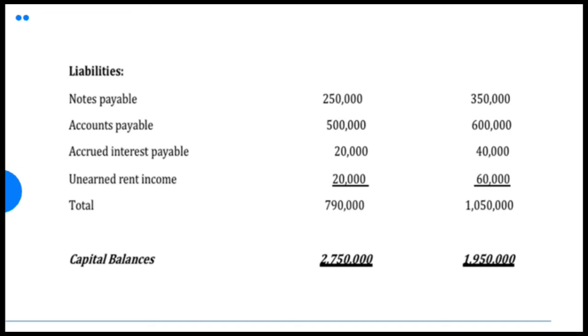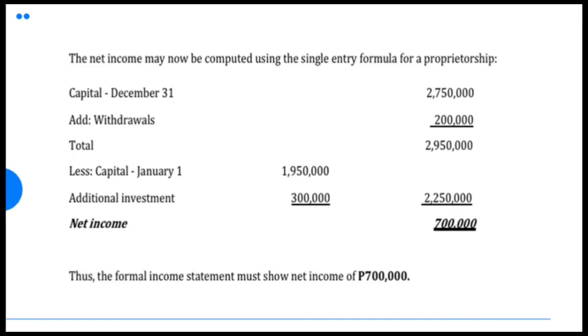1,950,000. Next, the net income may now be computed using the single entry formula for a proprietorship. So, the capital balance natin ng December 31 is 2,750,000, dun niya kinuha. Then, withdrawals of 200,000. Pag pinag-add natin to, ang kakalabasan niya is 2,950,000.